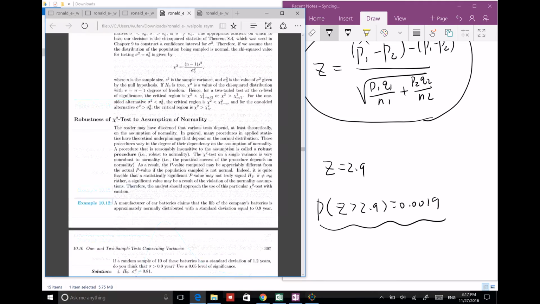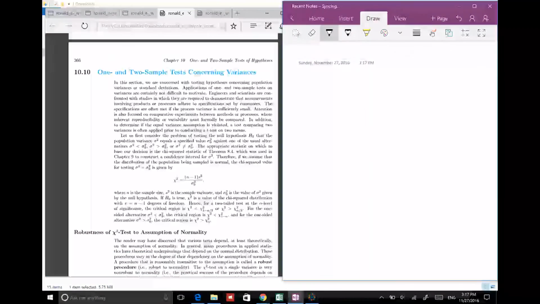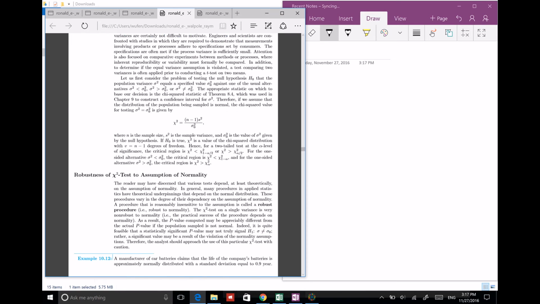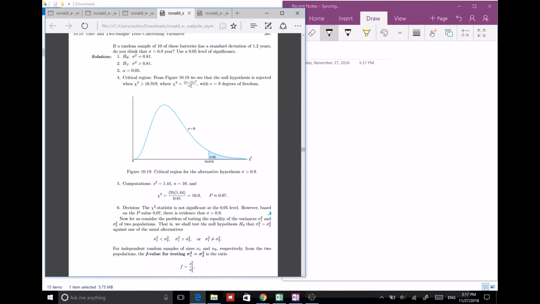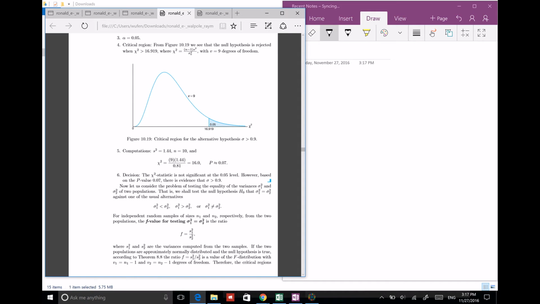So that's 10.9. 10.10 is one and two sampling concerning variance. So for the variance we are going to use the F distribution, I think.